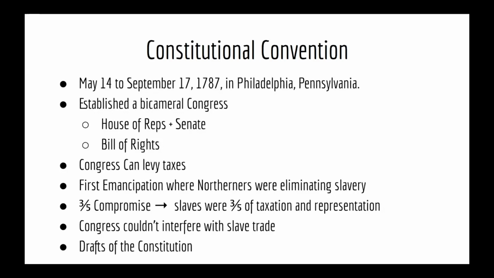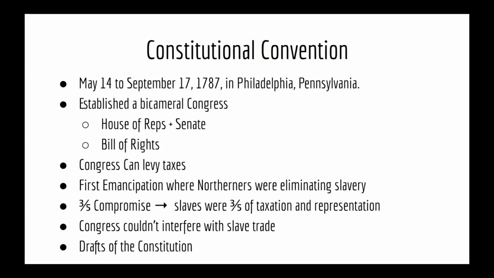And one of the most important things that was wrong about the Articles of Confederation that they wanted to fix was the idea that Congress can levy taxes and control some form of the national economy.